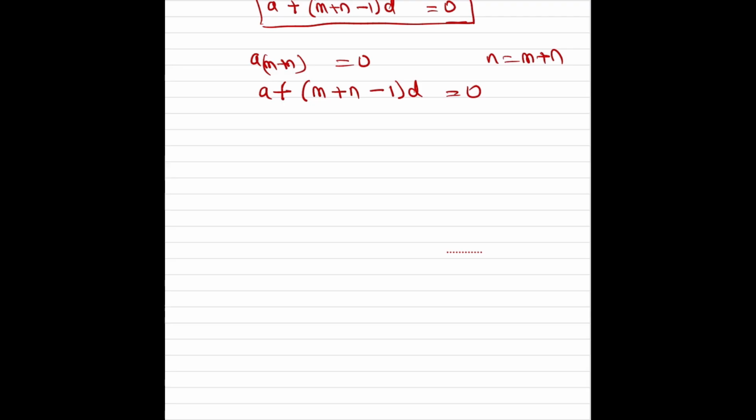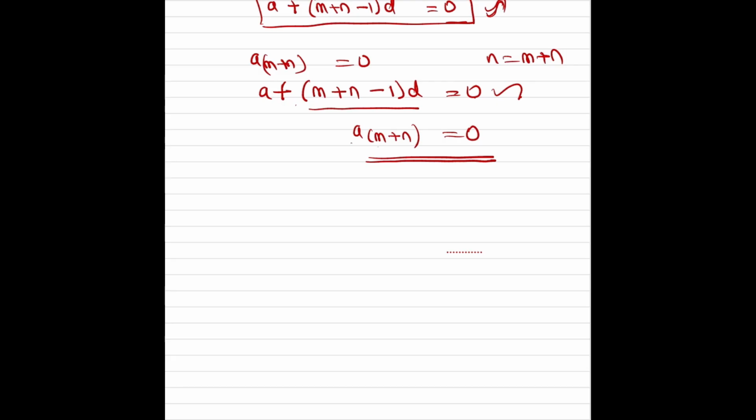Now you see this equation is the same as what I wrote in the above equation, so its value is 0. So we got the (m plus n)th term equal to 0. I showed this is 0.